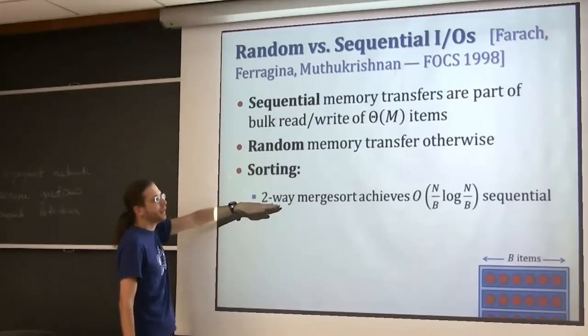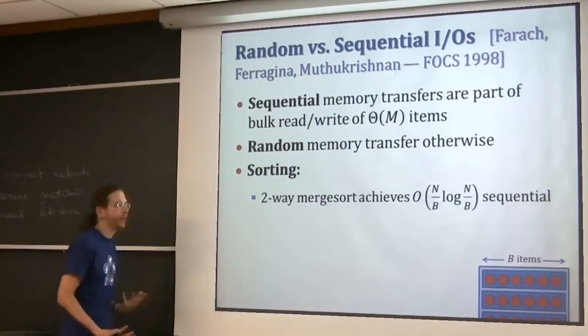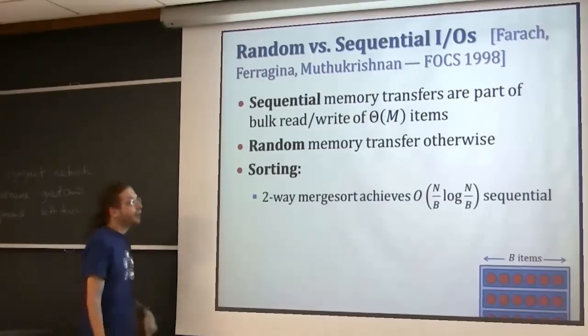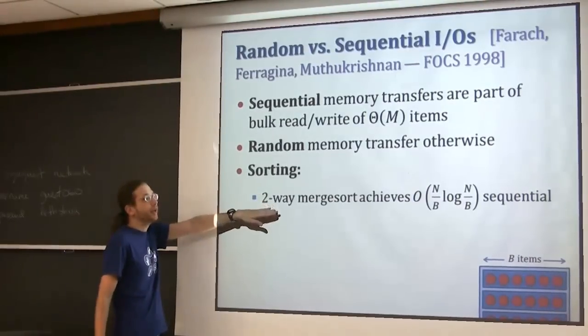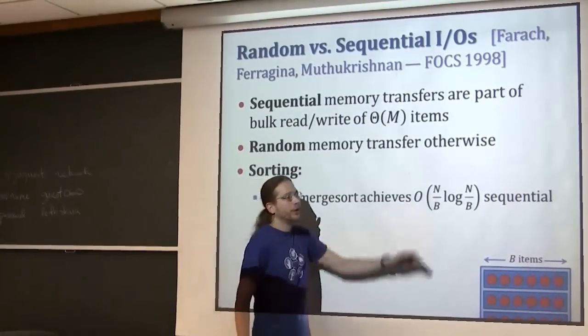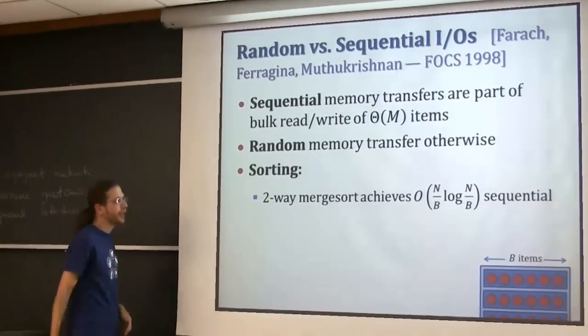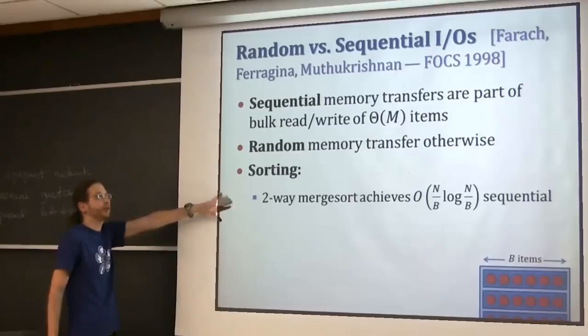So one thing is, what about sorting? We just covered sorting. Turns out those are pretty random access in the algorithms we saw. But if you use binary merge sort, it is sequential. As you binary merge, things are good. And that's essentially the best you can do, surprisingly, in this model.